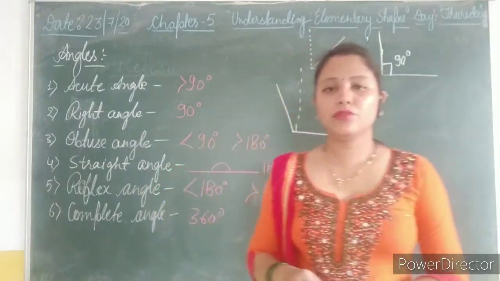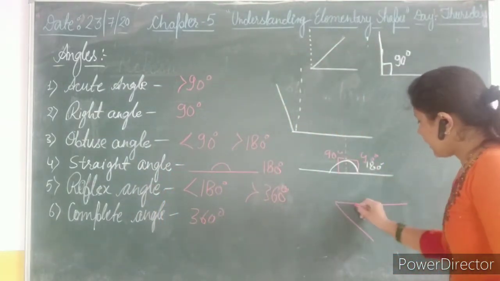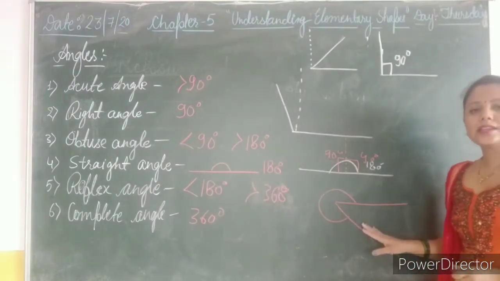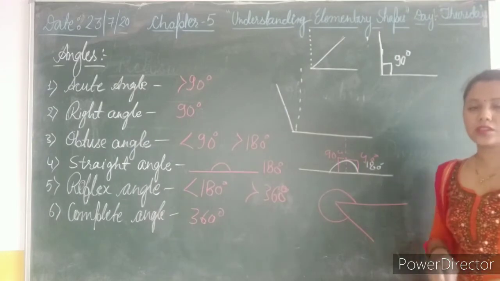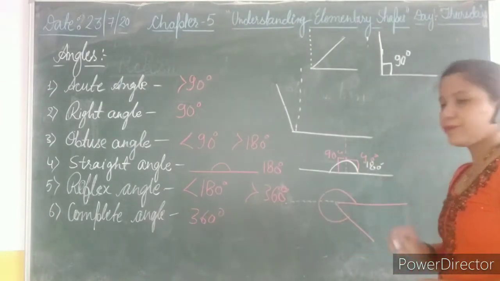But less than 360 degrees. So here is your reflex angle which is greater than 180 degrees but less than 360 degrees. How? Just draw a straight line.